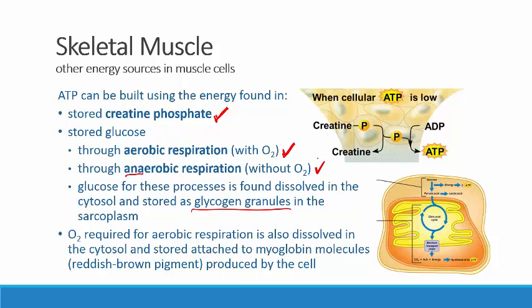Now, it doesn't produce even close to the same amount of ATP when we use glucose through anaerobic respiration, but it can keep us going. Desperate times call for desperate measures. And so we can do this really desperate measure of anaerobic respiration if we don't have sufficient oxygen in the muscle cell to do aerobic respiration.